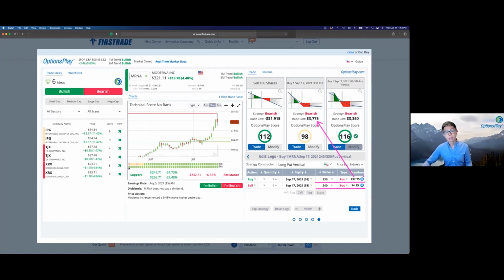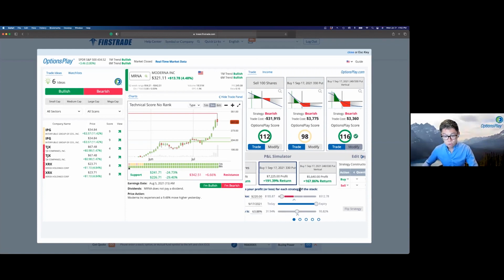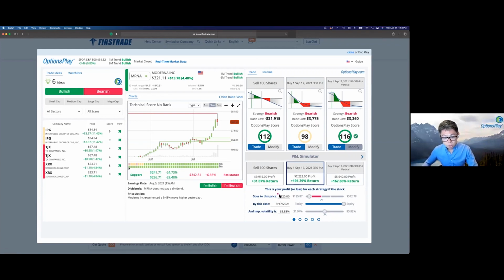So in exchange for that, what I've done is I've collected an extra $4.15, and in exchange for that, I gave away any gains below $240. So if the stock reaches the 220 price target, I've basically given up any gains below 240, and that's why the vertical spread here actually has a smaller return than the put option, which has unlimited gains to the downside.